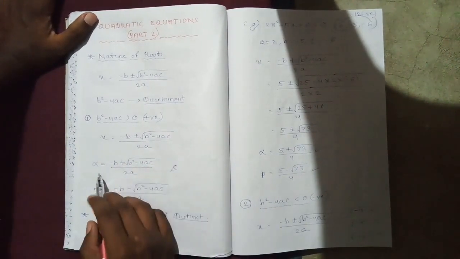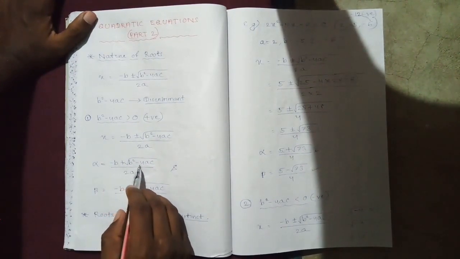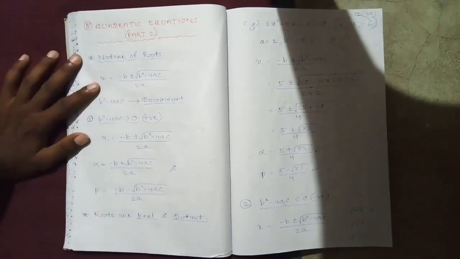So there can be two possible roots. One is alpha, which is equal to minus b plus square root of b square minus 4ac whole by 2a. The other is beta, which is equal to minus b minus square root of b square minus 4ac whole by 2a.